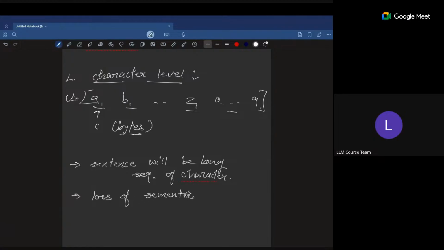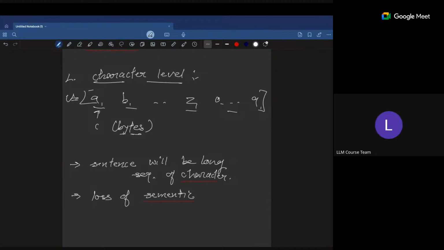Because it's very simple. If I give you a sequence of characters, A to Z, some different characters, and I ask you what is the meaning of that sequence, or what context you are getting from that sequence, you will be lost, right? Because those characters don't contain any meaning in themselves, unlike words. Words may have some meanings, so from there you can get some context.